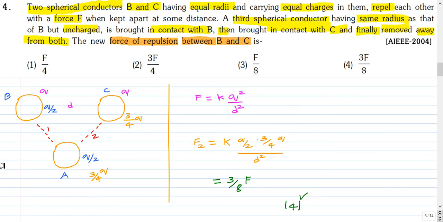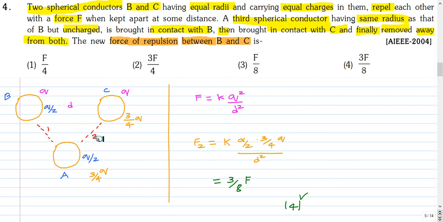Here is the solution. So initially the two spherical conductors B and C have charge say Q, and this third spherical conductor A is brought in contact with B. Since it's identical, the charge will get split into two parts and will become Q by 2 and Q by 2.